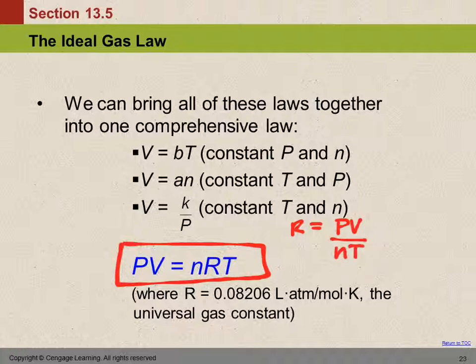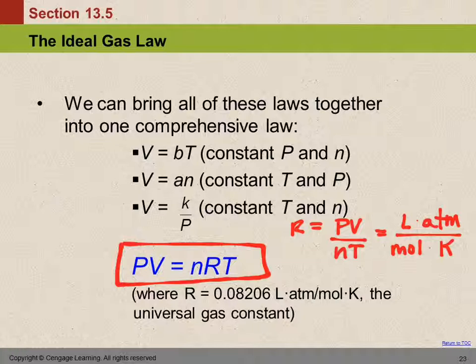What are the units on volume? Liters. Pressure is in atmospheres, n is moles, and temperature is Kelvin. Liter atmospheres per mole Kelvin. That's where the crazy units come from.